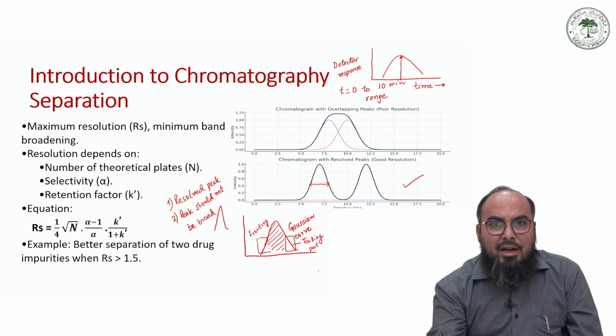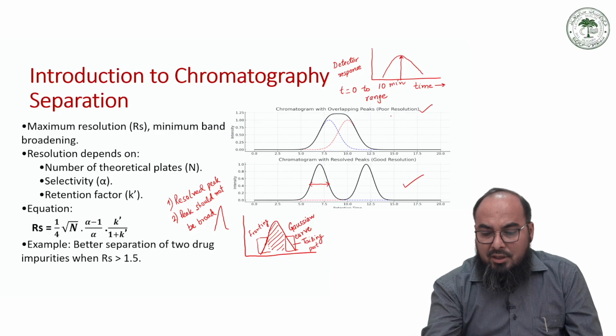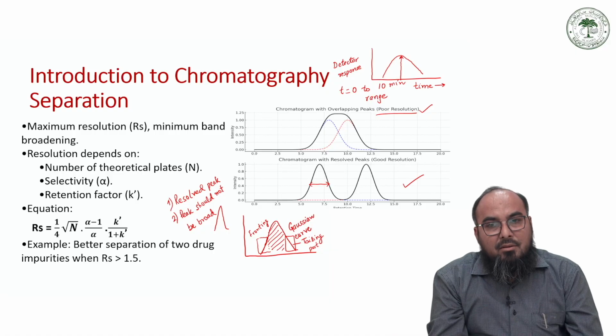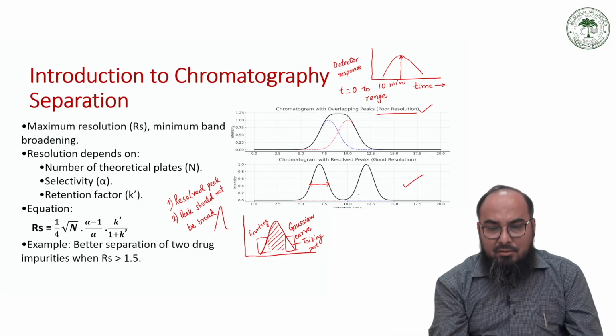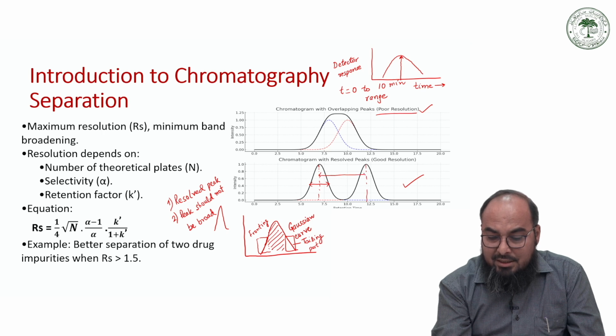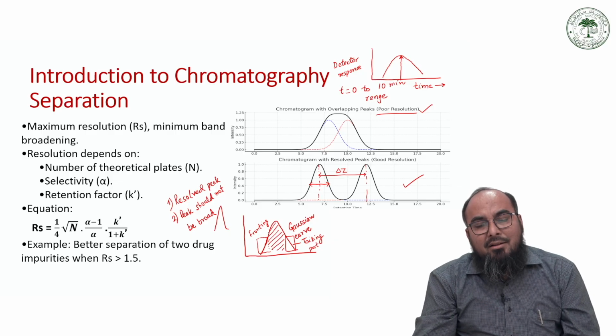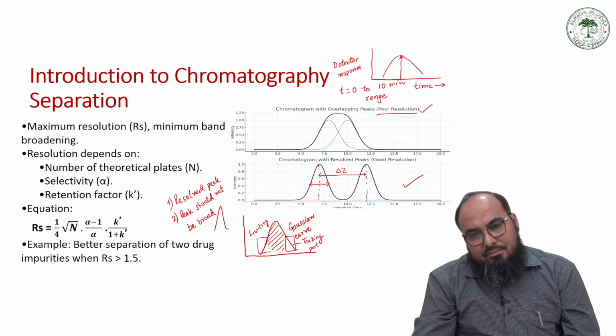If you get overlapping peaks, then it implies poor resolution. In the second case, you can see the peaks are well separated. If you draw a perpendicular like this, they are well separated, and sometime we are going to study this, it is called delta Z, and that is very important to describe the efficiency or the effectiveness of any chromatographic column.